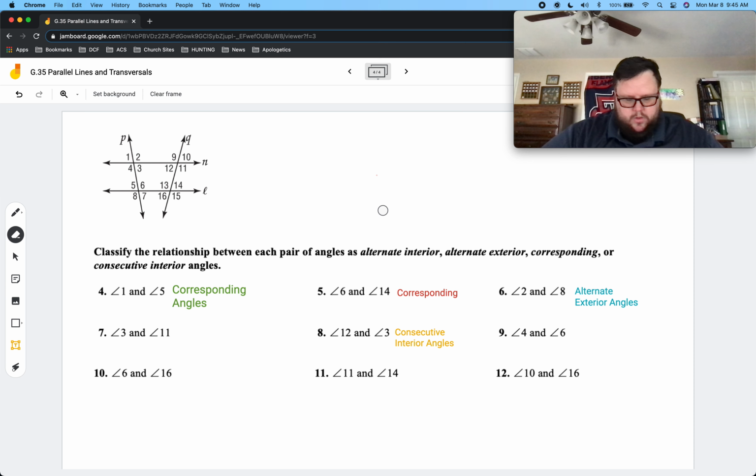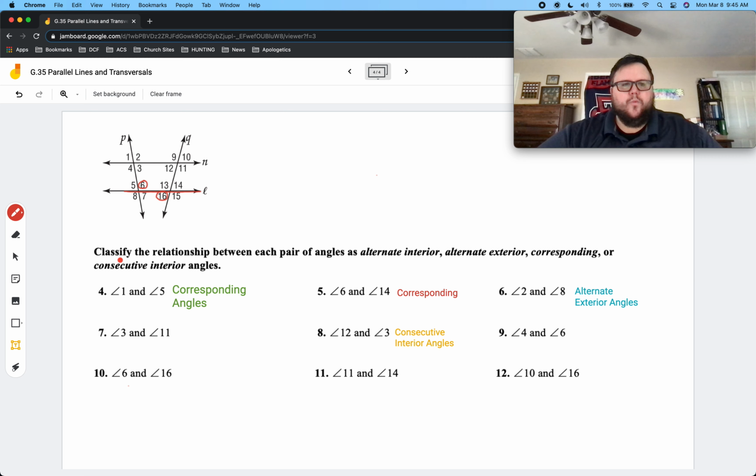Let's do alternate interior. We'll do number 10 now. So number 10, we're looking at angle 6, and we're looking at angle 16. So our transversal would be L here. They're on alternate sides, but they're on the interior.